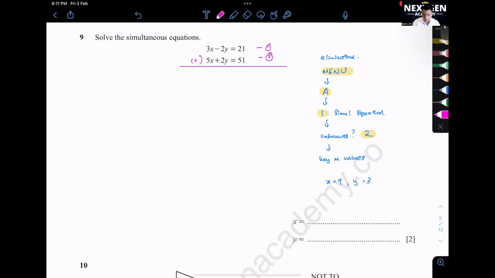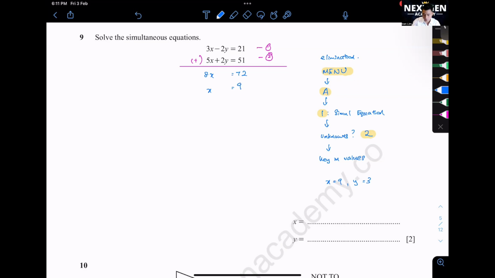You put the plus and you put a bracket here so that you remind yourself that you are adding every single value for each line. So 3x plus 5x, I will get 8x. 21 plus 51, I will get 72. 72 divided by 8, I'll get 9 here.